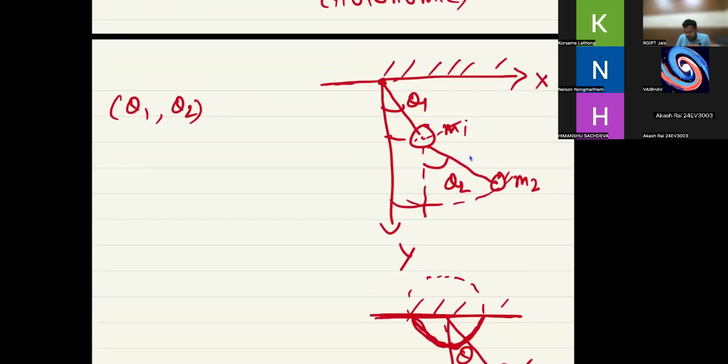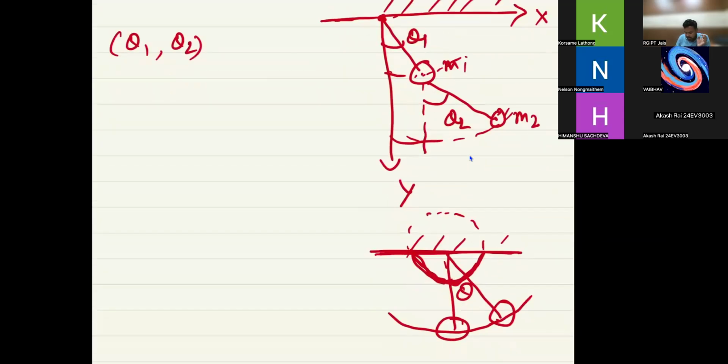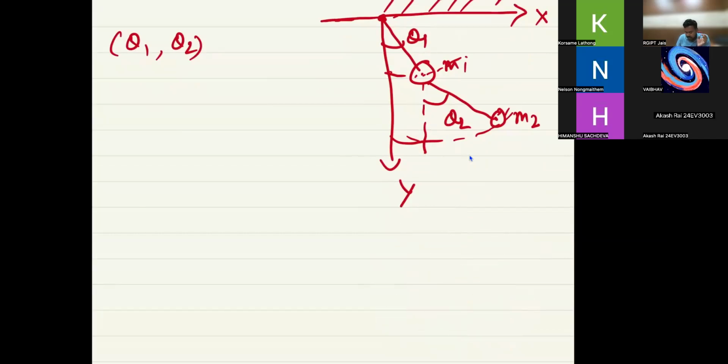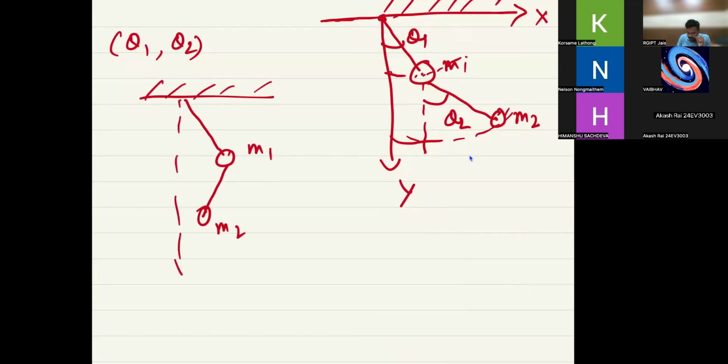Similarly, in this case you will find the allowed values of θ1 and θ2. Right now, at this particular instance, masses M1 and M2 are at this position, which represents one configuration of the system. It is also possible that the masses look like this: mass M1 is like this and mass M2 is like this, and this is the y-axis.